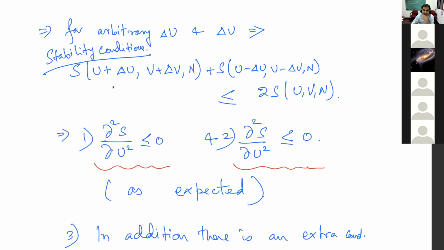And the first condition, S(U plus delta U, V plus delta V, N) plus S(U minus delta U, V minus delta V, N) less than or equal to 2S, that's the global condition. So I should have written it probably. Can you see my cursor?